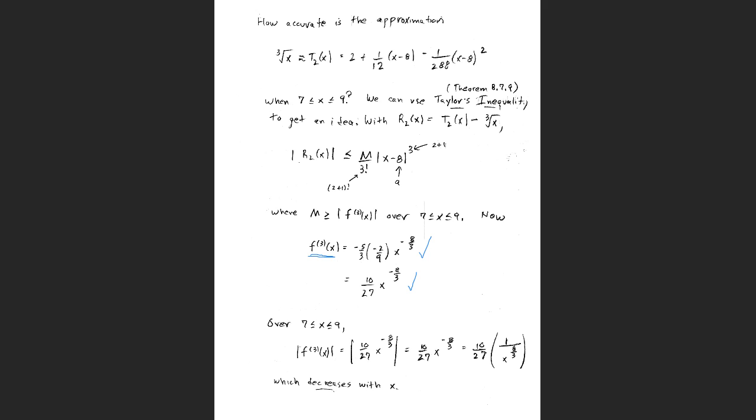Okay. And you notice I don't round anything. I don't round any fractions. WebAssign's very picky about answers, so we don't want to round until the very end if we can help it. Are there any questions up to here?